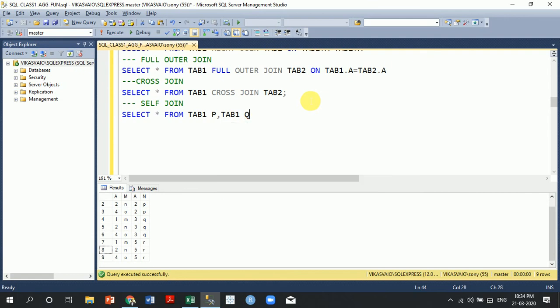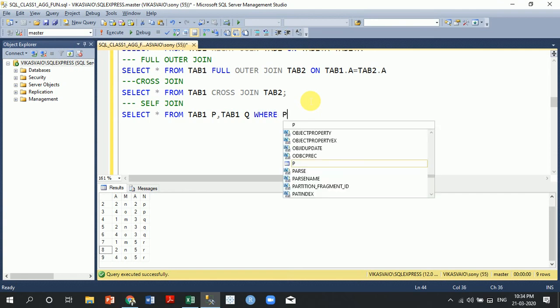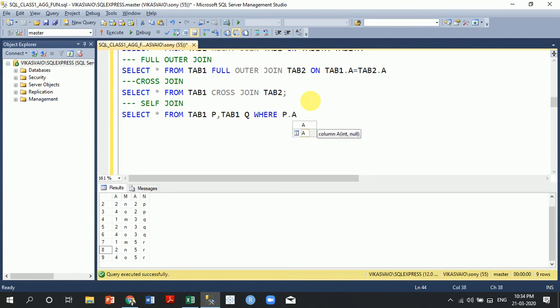Where p dot a, the first column of table 1, equals q dot a. Right?